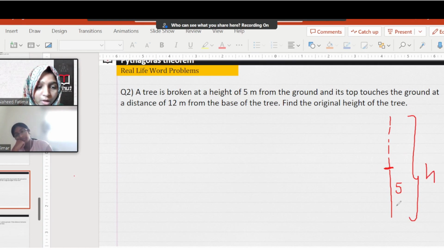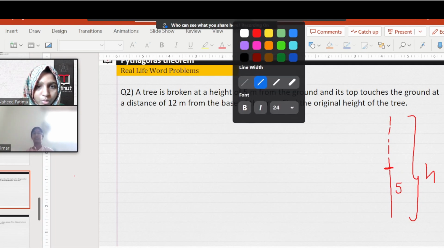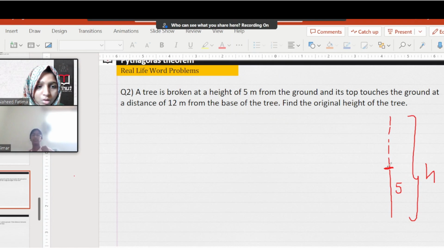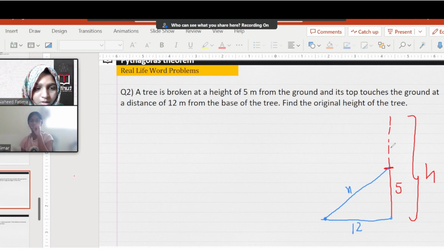But it broke at 5 meters from the ground. And now this part which broke touches the ground, and its top distance from the bottom of the tree is 12. So we can take this as x, and if this is x, this is also x because they are the same thing.